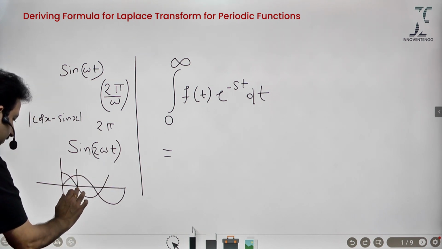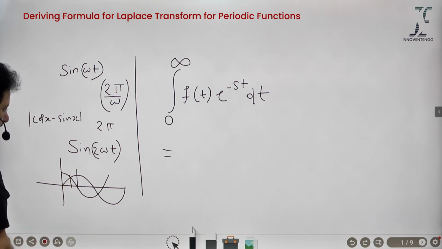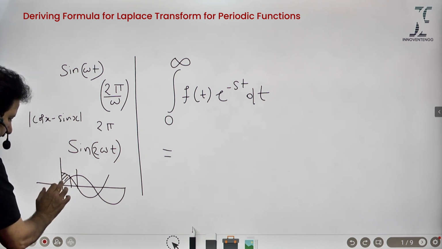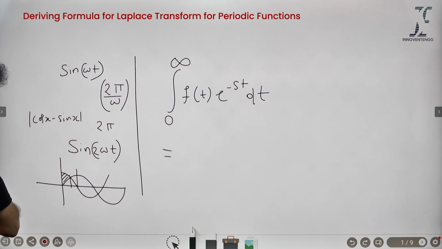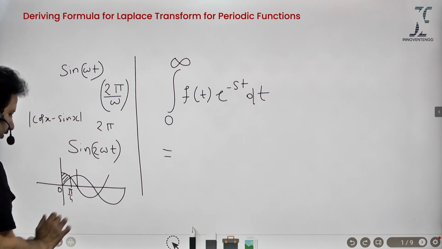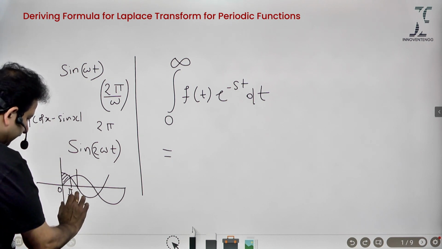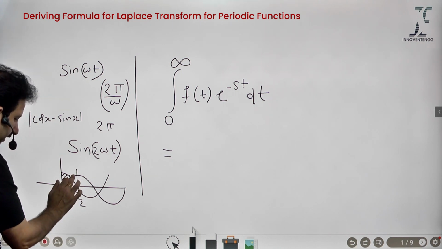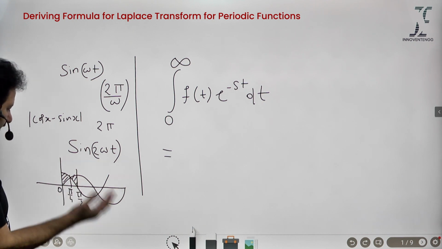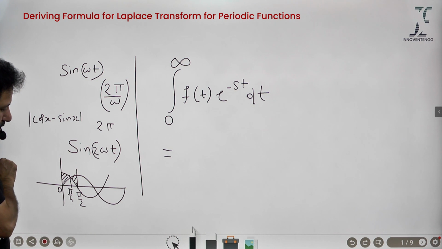From 0 to 45 degrees, the leading wave is the cos wave, so you will get this area. So you will split the area under this curve into two integrals: from 0 to pi by 4 you will have one integral, and from 45 to 90 degrees, that is pi by 4 to pi by 2, the sine dominates, so you have another integral. So this is split into two integrals.